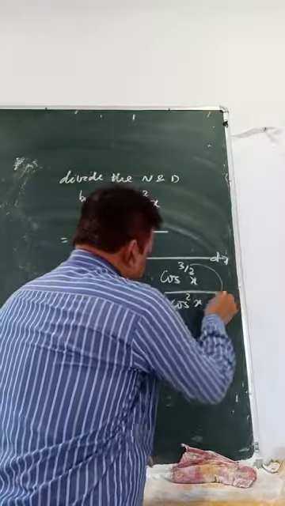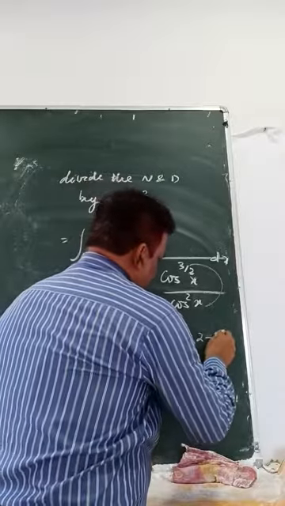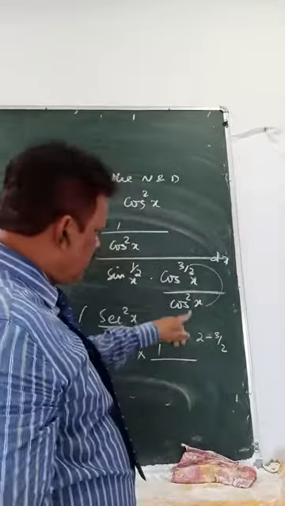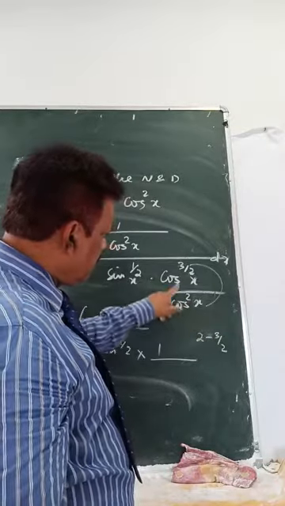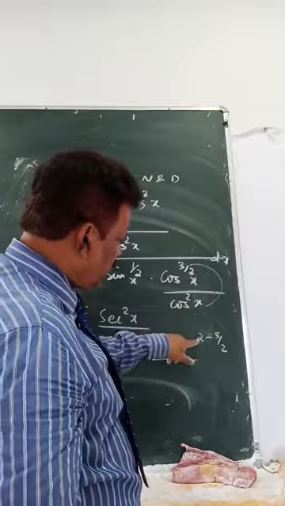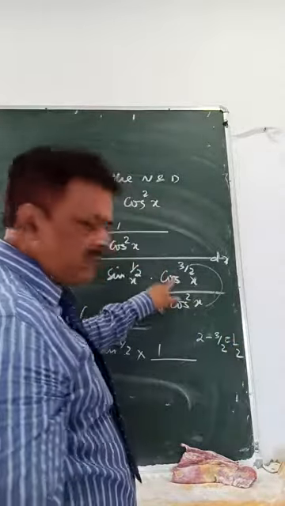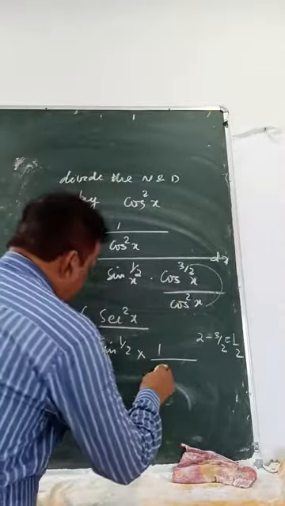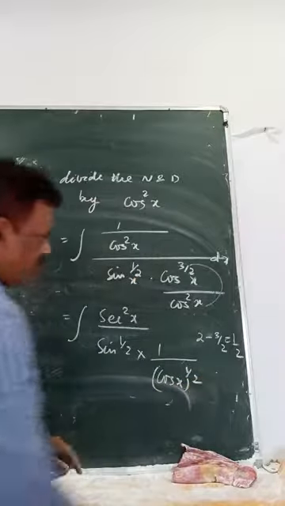If I bring this power here, then it will be 2 minus 3 by 2, because in division you have to subtract the powers. So 2 minus 3 by 2 is half. That means the denominator will be cos root x, that is cos x to the power half.